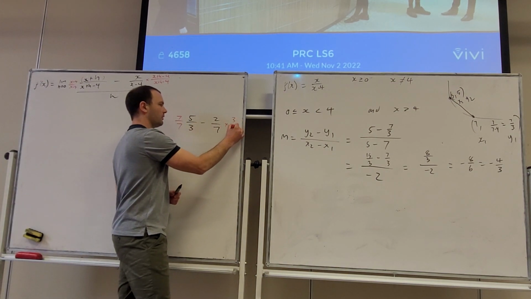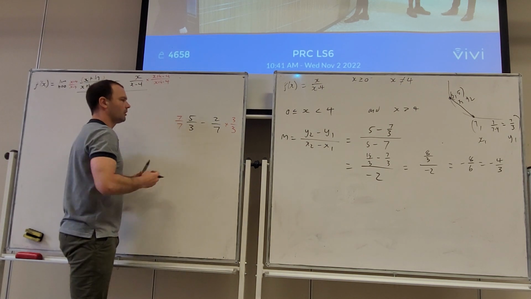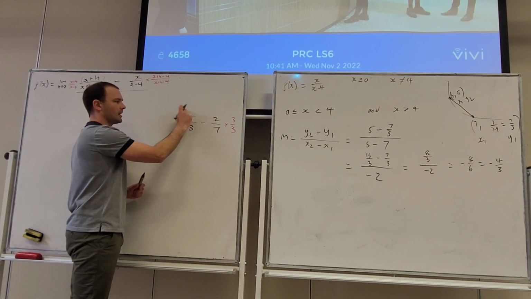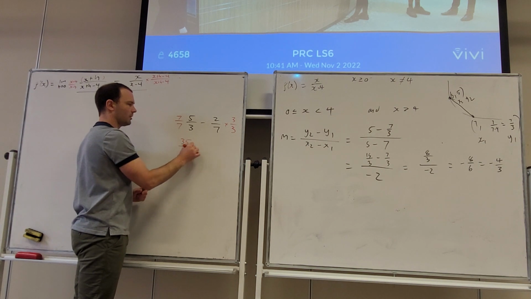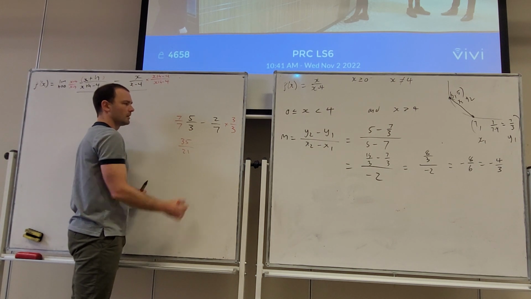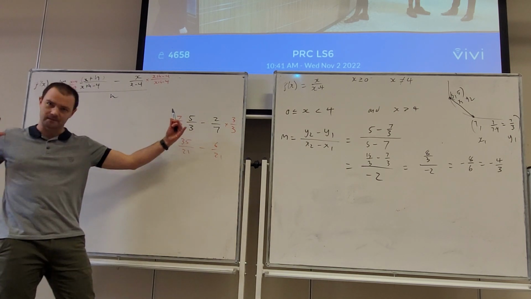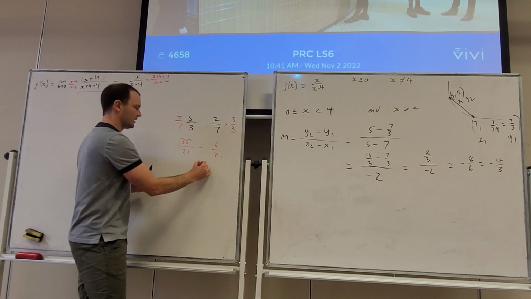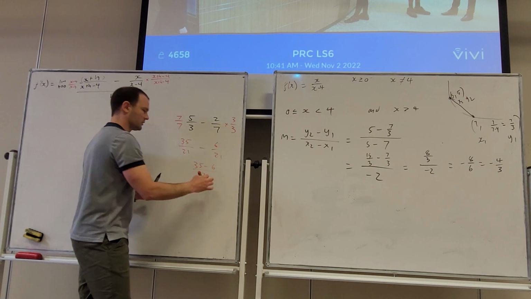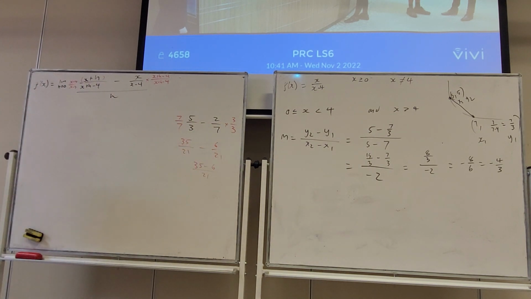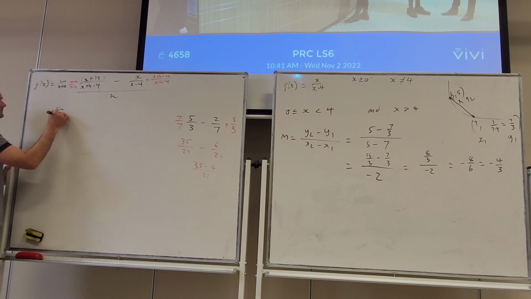Multiply this one by 3 on 3. Then let's process it a bit. This one becomes 35 on top of 3 sevens, 21. This one becomes 6 on top of 21. Because they have the same denominator, you can bring them together: 35 take 6 on top of 21, and you can process it. That's what we're doing when we cross multiply. So let's go to the next step.